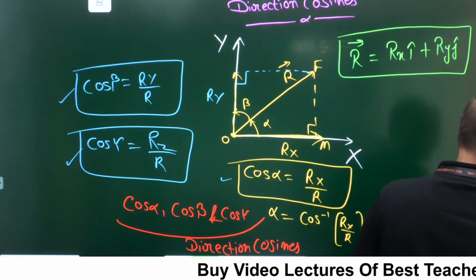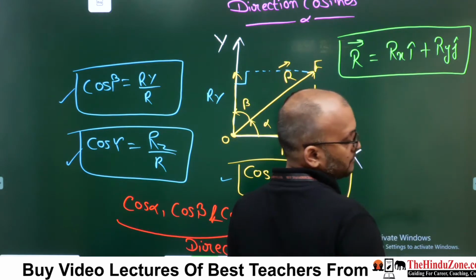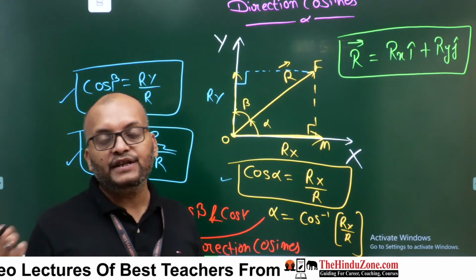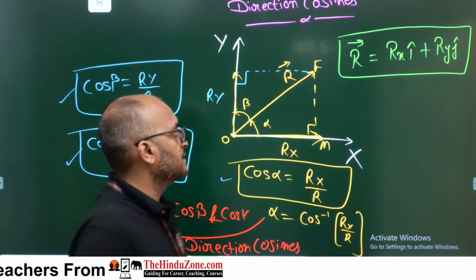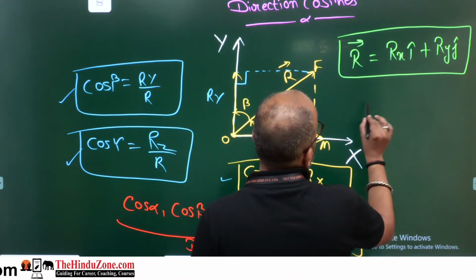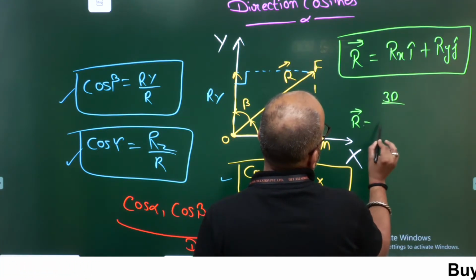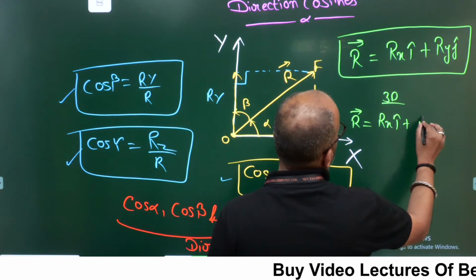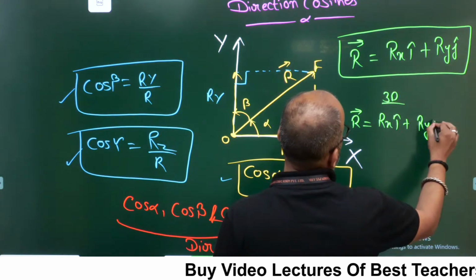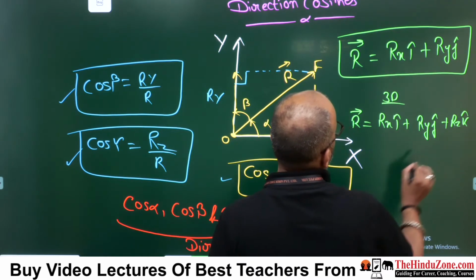And if this vector is in 3 dimensions, along x, y and z, then I can represent it as Rx i cap, Ry j cap and Rz k cap.